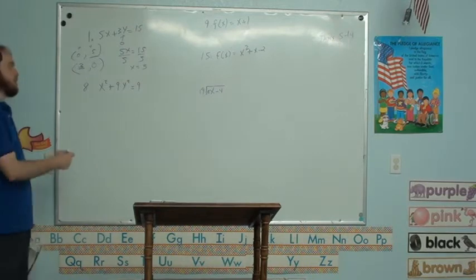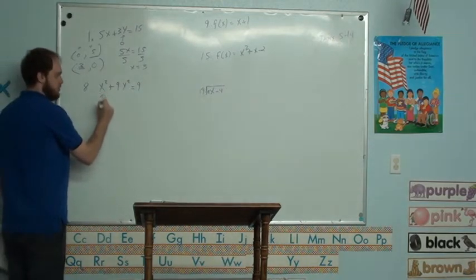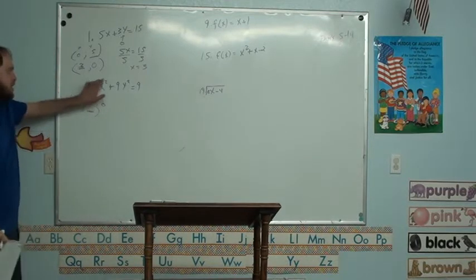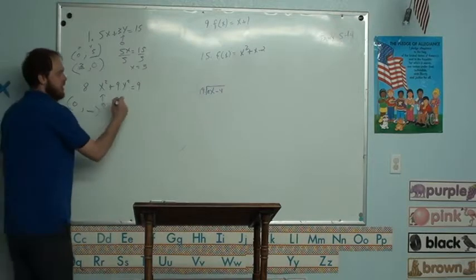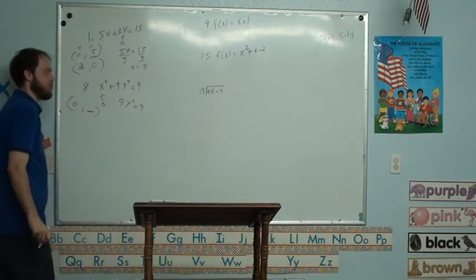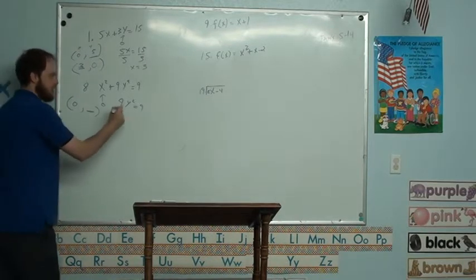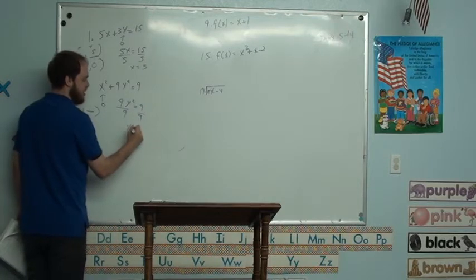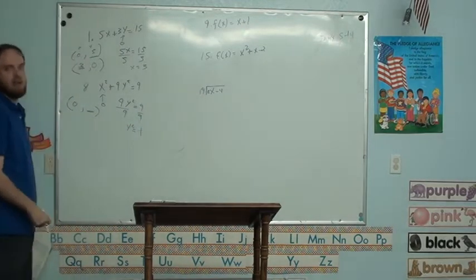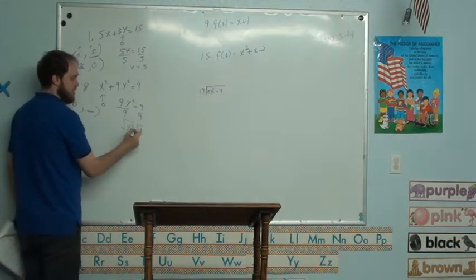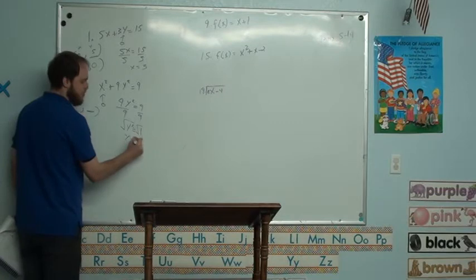For 8, I'm going to plug a 0 into the x. That tells me my coordinate is going to have a 0 in the x, and I'm looking for my y. The x term goes away and just leaves me with 9y squared equals 9. Solving for y squared, I divide by 9 and end up with y squared equals 1. I don't know what y is yet, so I square root both sides, and that tells me y equals plus or minus 1.